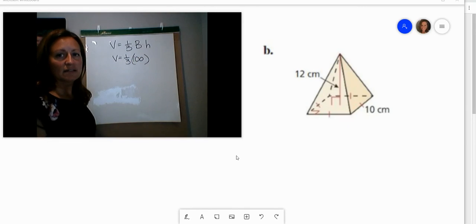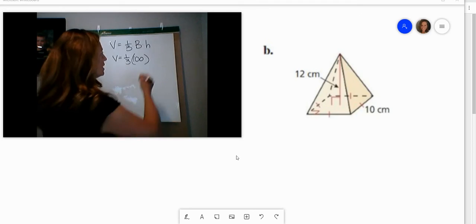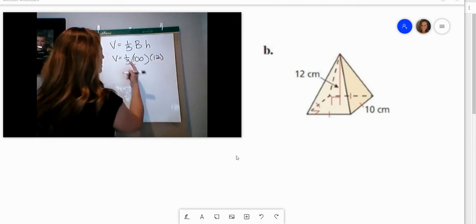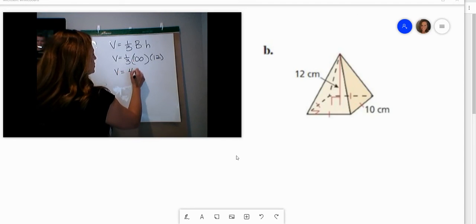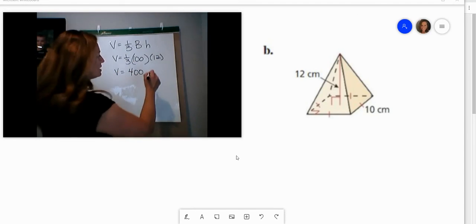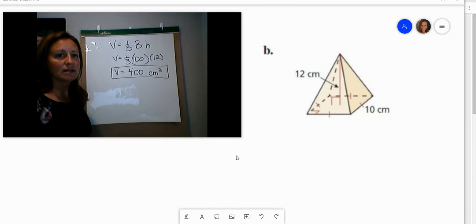And the height of the pyramid is thankfully labeled for us right down the center. That is the altitude or height of the pyramid. That's 12. So 1/3 of 12 is 4. 4 times 100 is 400. And that's centimeters cubed. Volume of the pyramid.